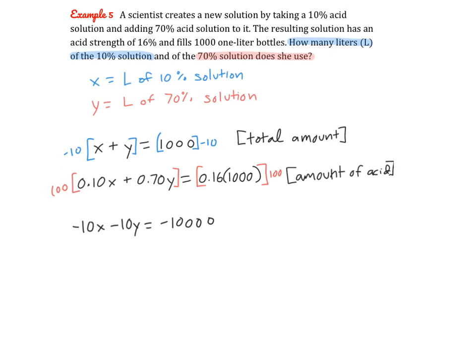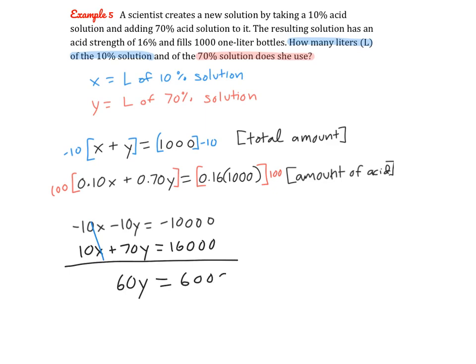And then again, this just moves our decimal place over 2 spots, giving us positive 10x plus 70y equals 16,000. Now you can see that our x terms cancel out, and we're left with 60y equals 6,000. So y equals 100.